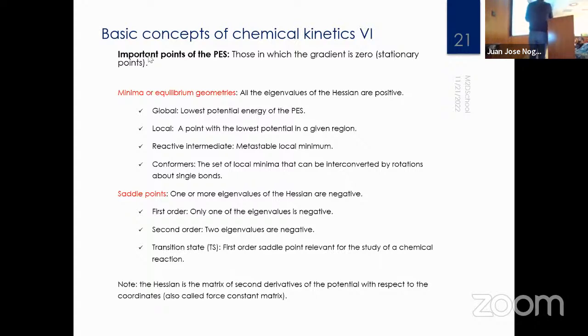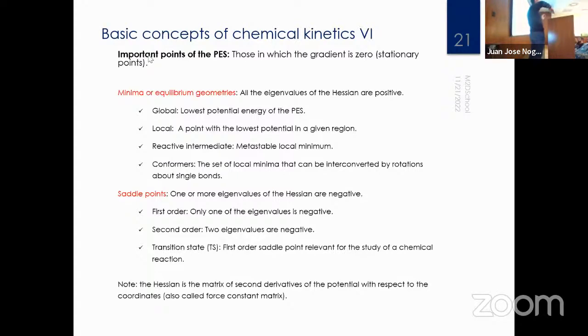But if you use the procedure I'm trying to explain today, not all points are important. The most important ones are actually the stationary points, the ones that I plot in the energy diagram. The minima and the transition states are the important ones. Because assuming that the process is statistical, assuming you can use some statistical theories for the rate coefficients, you can give the kinetics using statistical theories and just using information from the stationary points.